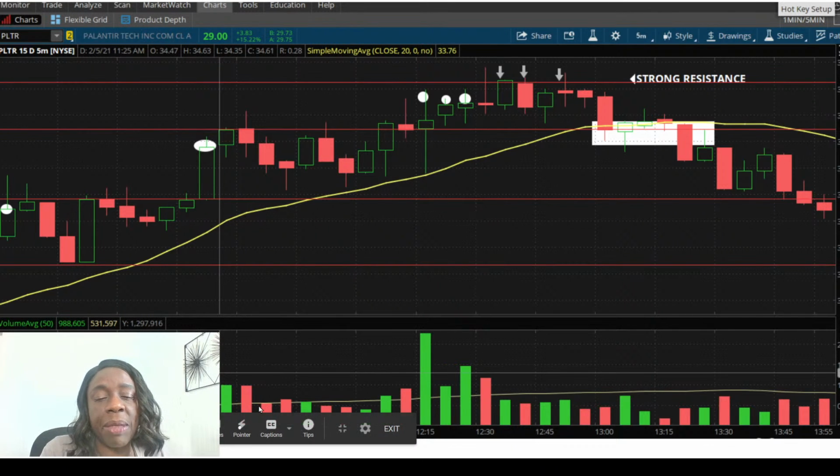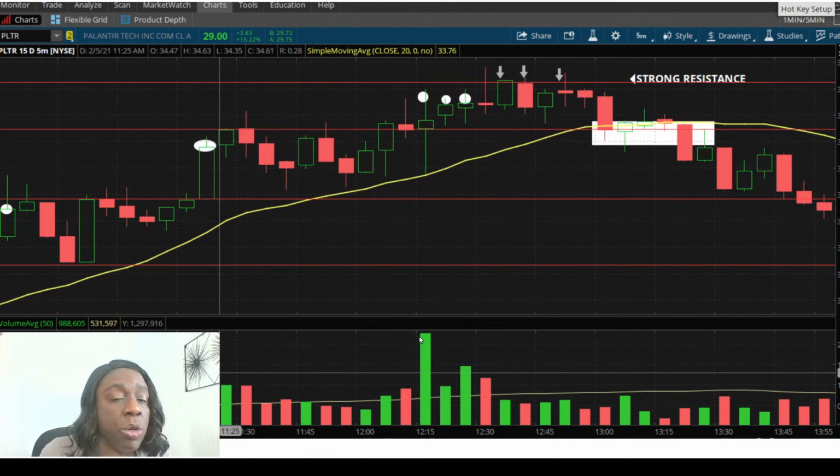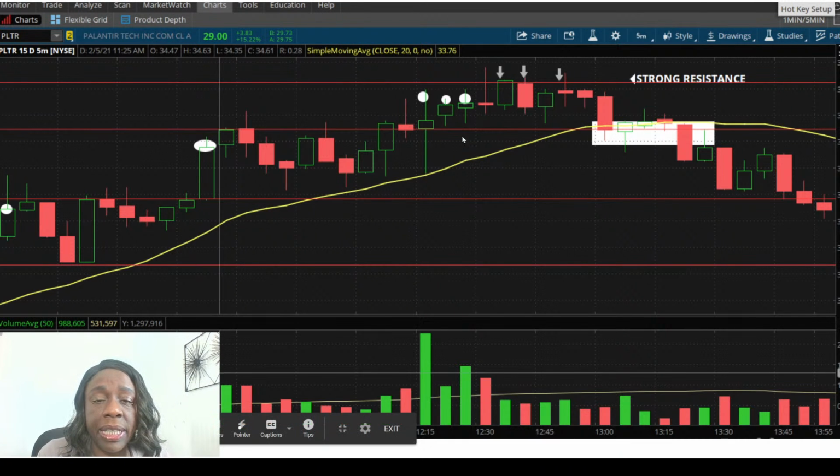So when you see that the bars have broken above that line, the 50-day moving average line, you can see with this great green bar, it shows a huge amount of volume. And that is a good indication also to enter a trade, because there are a lot of buyers.